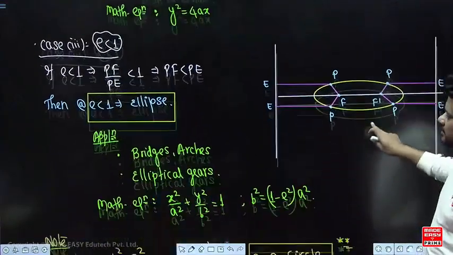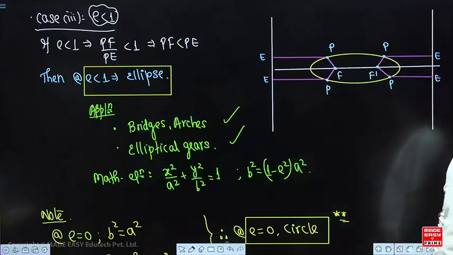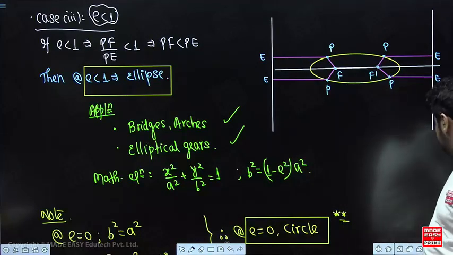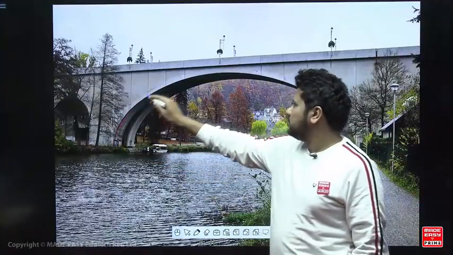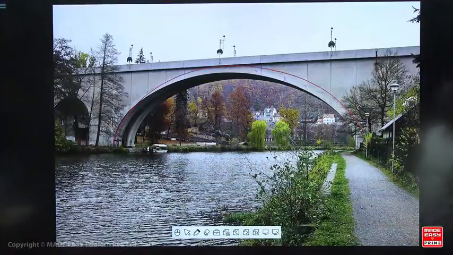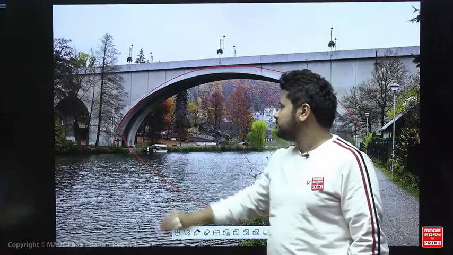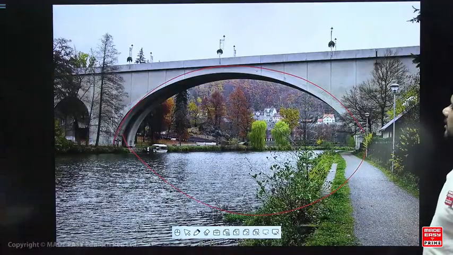Next, for ellipse: bridges, arches, elliptical gears. Correct? Bridges, arches, elliptical gears. See, this is the bridge, elliptical in shape, part elliptical, and the rest is like this, right? So this is your ellipse, correct?